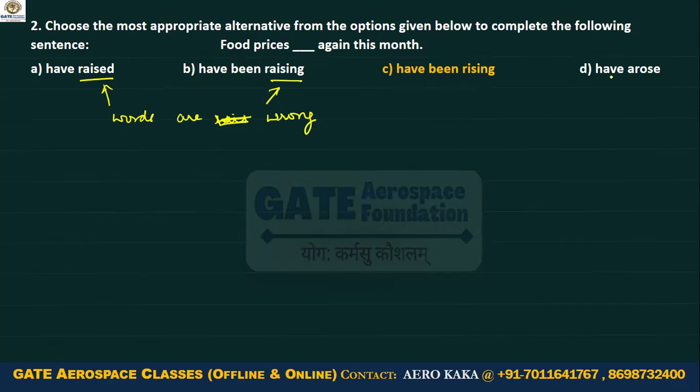"They have arose" is also incorrect. So the only option left is have been rising, and have been rising is a continuous form. This month it is going on and they have been rising from the past till now. This is what the sentence actually means. So the correct answer would be: the food prices have been rising again this month.